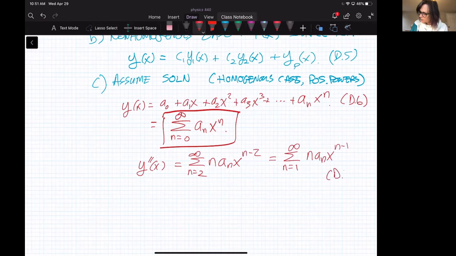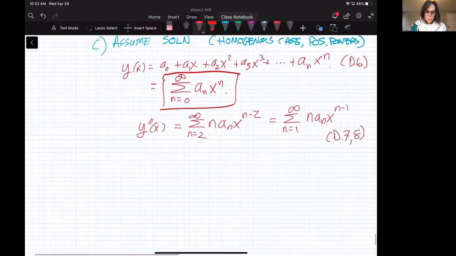These are D.7 and 8. And we can do the same thing for y prime. So what do we do? The method is, at least on paper, straightforward.